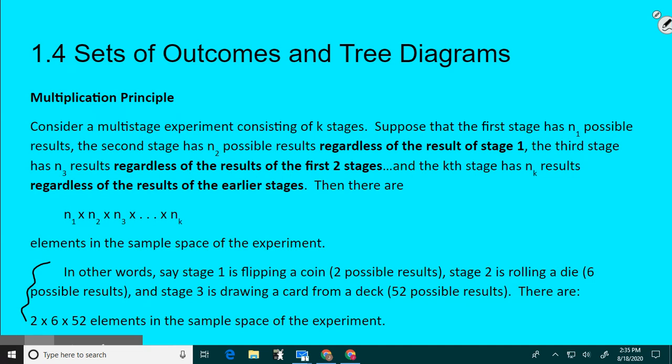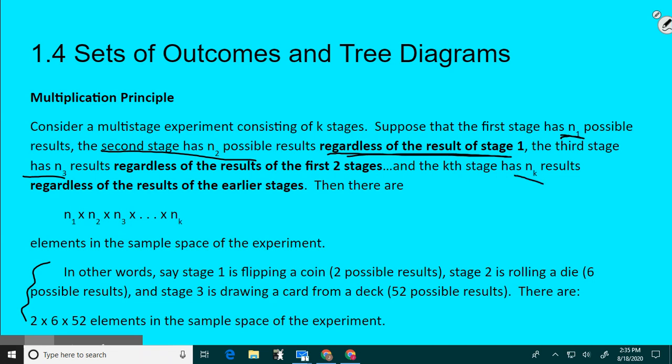So we're going to say our first stage has n sub 1 possible results. So maybe the first stage has 2 results or 3 results, whatever. The second stage has a certain number of results, regardless of our stage 1. In other words, they're independent of each other. And then our third stage has a certain amount, all the way up to k stages.